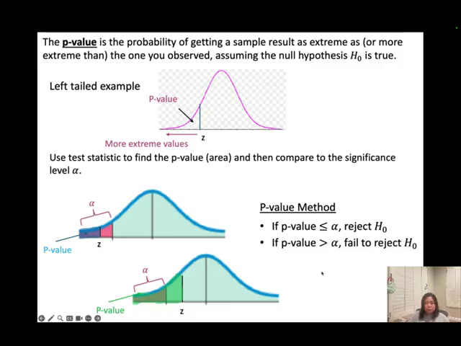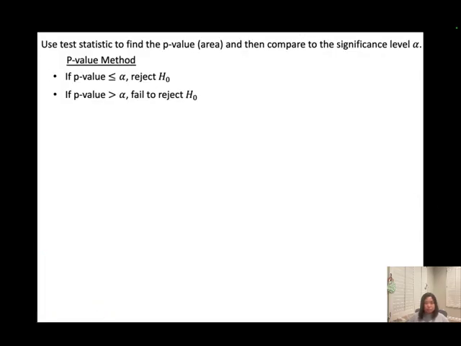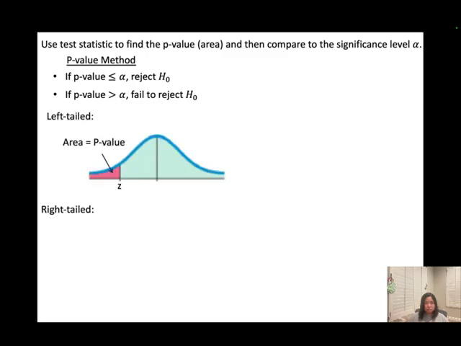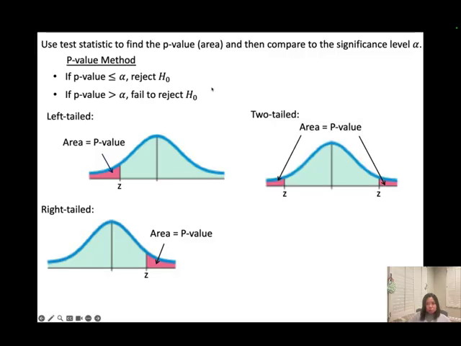Okay, I need you to remember this part here, the p-value. So in this line, we just emphasize saying it one more time. After you find the test statistic, you use the test statistic to find the p-value, which is your area. And then you compare with your significance level.